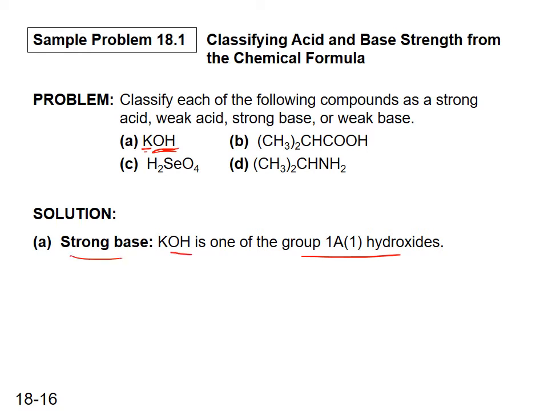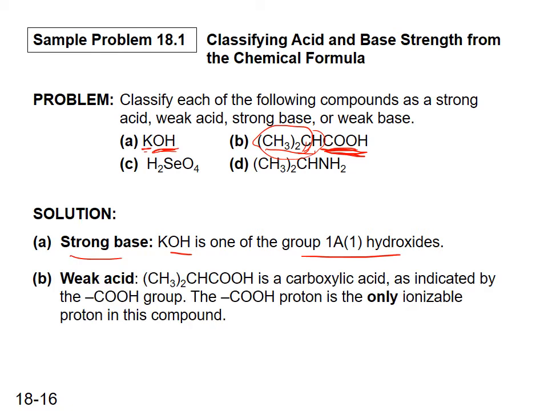In B, we see COOH. We know it's an organic acid. So organic acids are usually weak acids.